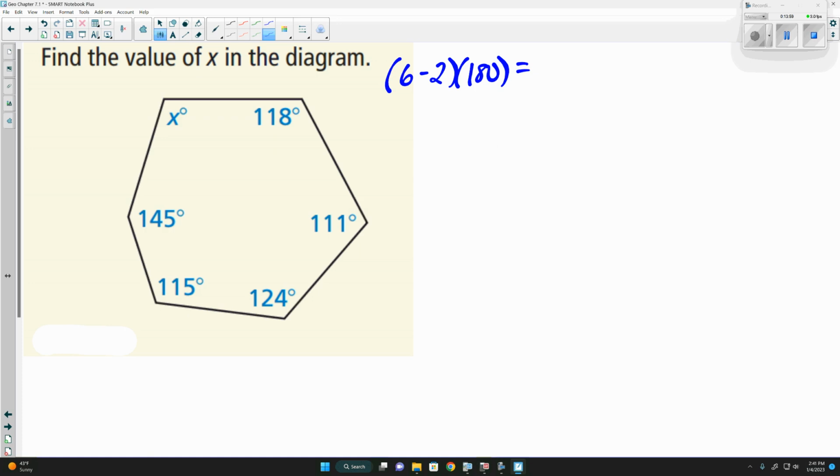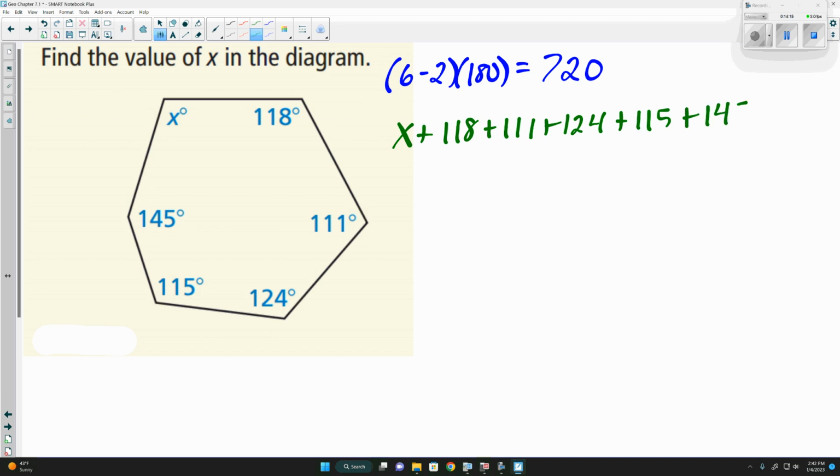So the sum of the interior angles for this figure is 720 degrees. And if we're working this out mathematically, we would say that we are adding all these angles together, and if we do, we should get 720.